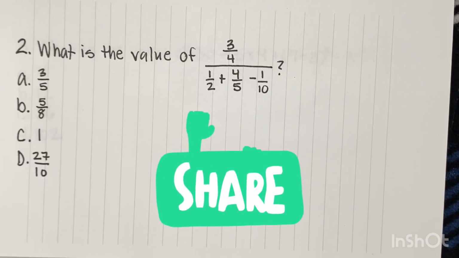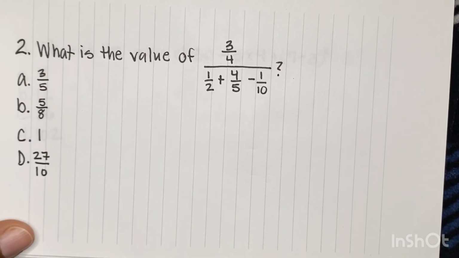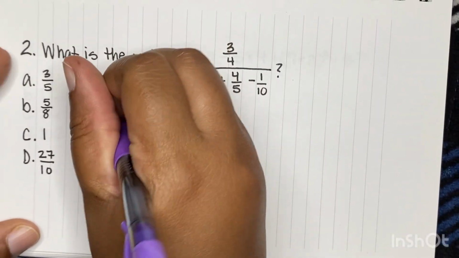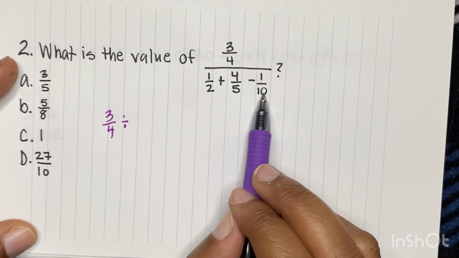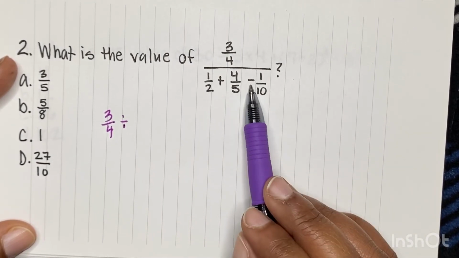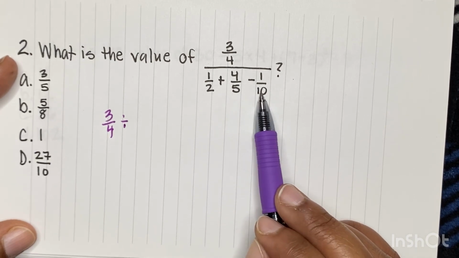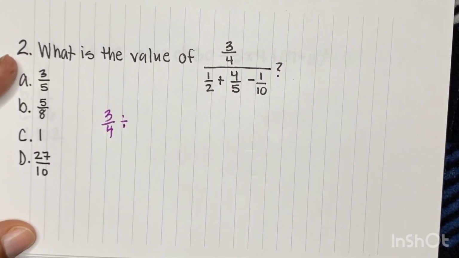Alrighty, what is the value of 3/4 divided by 1/2 plus 1/4 minus 1/10? Alright, so we're gonna do 3/4 and we're gonna write divided by, and now we need to come up with a single fraction here at the bottom. Now, whenever you add or subtract fractions, you have to have the same denominator, which means the same bottom of the fraction, okay?